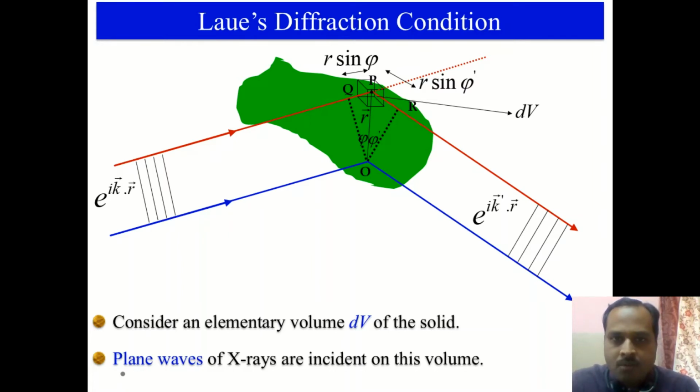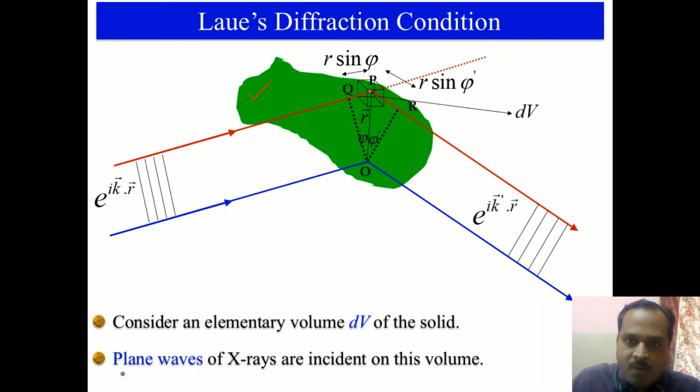To continue with that, today let us try to obtain the Laue diffraction condition. For that purpose, let us consider a solid and inside the solid a small volume dV.